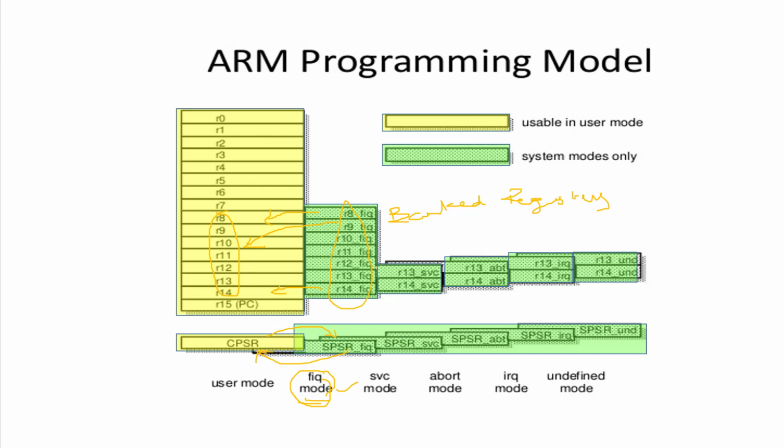mode now. Okay, means the processor is changing the mode from user mode to SVC, supervisor mode. In that case, this R13 and R14 registers will be replacing this R13 and R14 register. Okay. Now we are talking about this SVC mode.